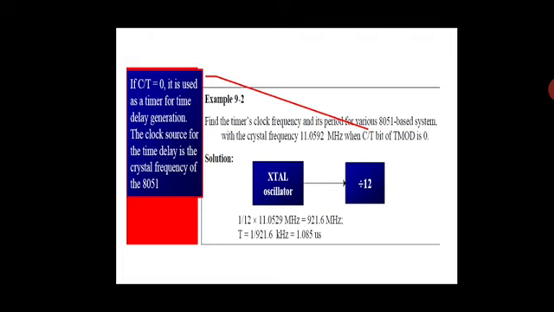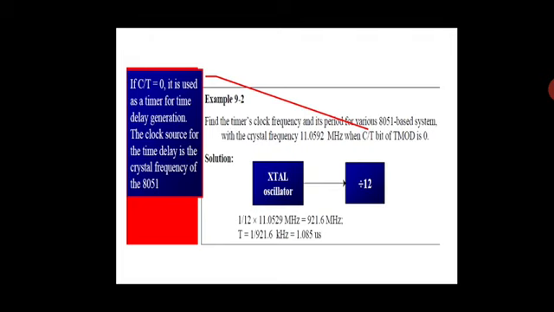Assume that the C/T bit of TMOD is 0, meaning I'm using timer 0. When C/T is 0, you are using timer mode, used for time delay generation. The clock source for the time delay is the crystal frequency of the 8051.